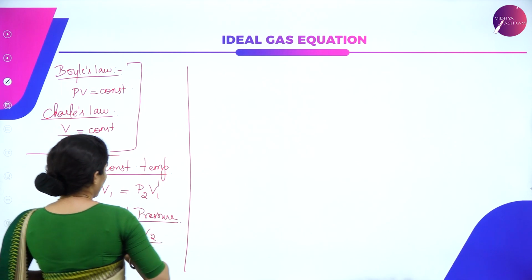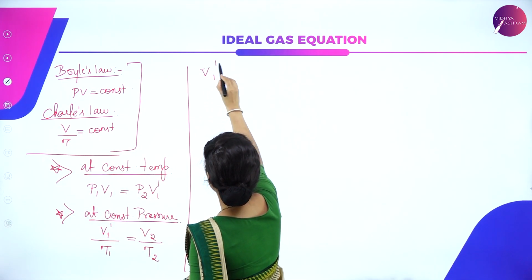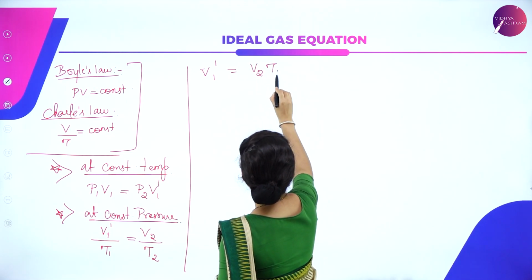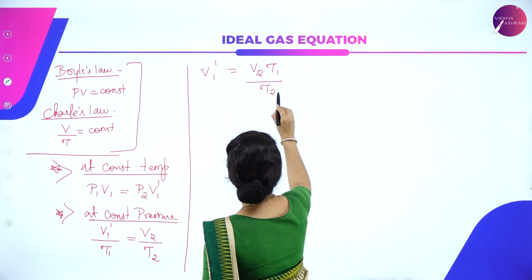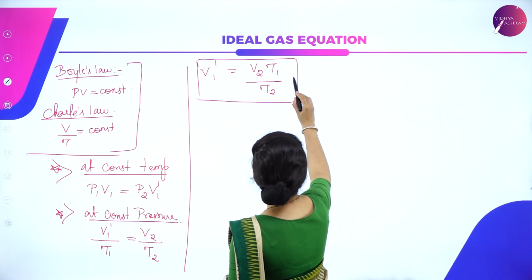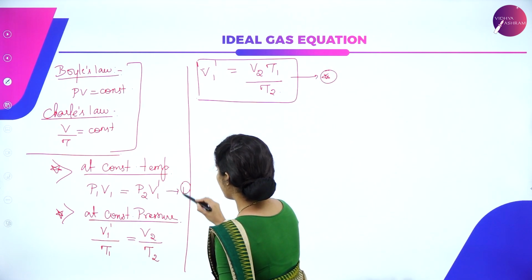So now on equating this, we can rewrite this as V1 dash is equal to V2 into T1 divided by T2. So let us substitute the V1 dash expression, the star expression, in equation 1.